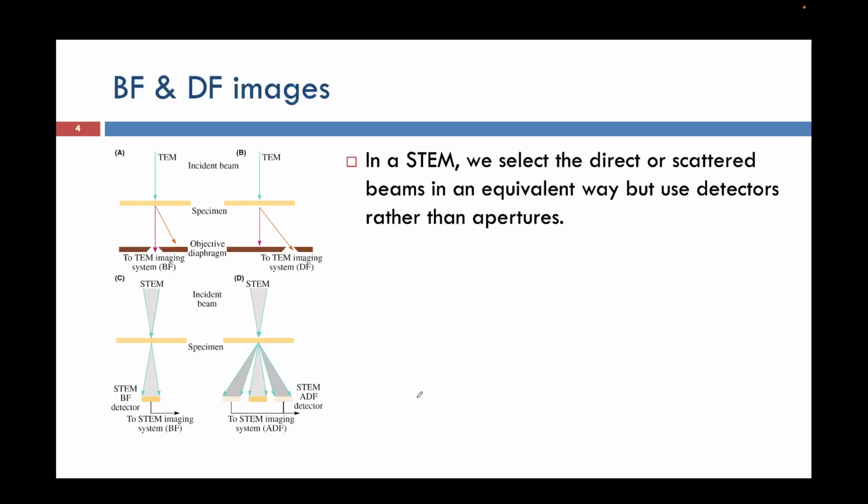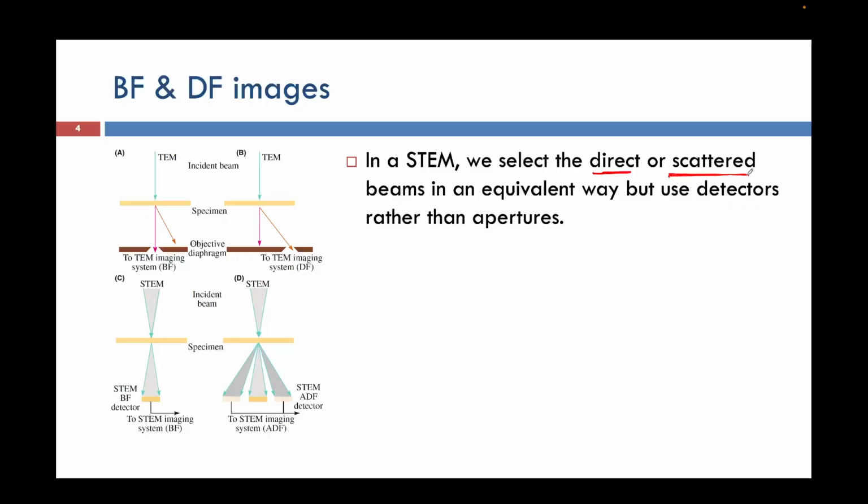So in STEM what we do, we select either the direct beam or the scattered beam. These are the two different modes of obtaining our contrast, or to see how much contrast our sample is able to give. So in TEM, how are we able to get the different intensity from different regions?